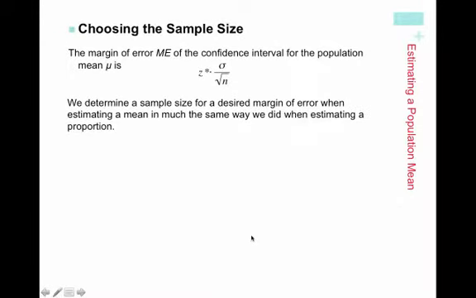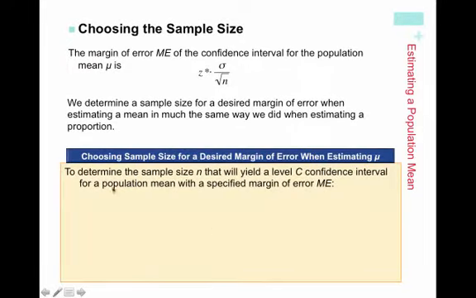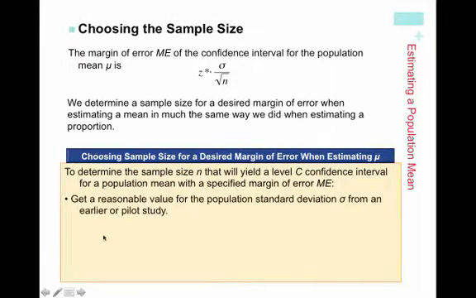The margin of error. When choosing the sample size, our margin of error will determine how big of a sample we need. So margin of error, ME, is our critical value times sigma over root n. We determine the sample size the same way we did with the proportions. To determine the sample size that will yield a confidence level C for a population mean with a specified margin of error, we do the following.